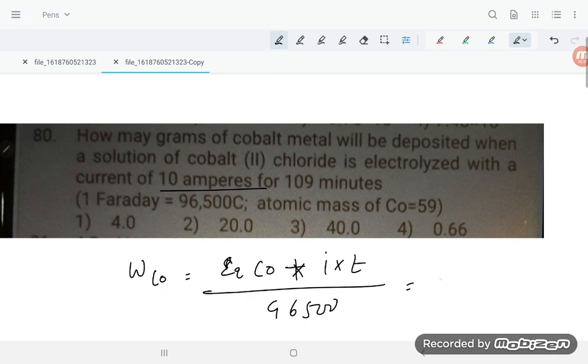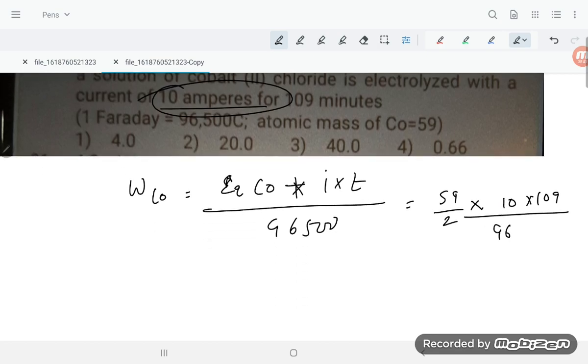So 2 is the charge there, no? 59 by 2 is the equivalent weight. I is 10 ampere. Time they have given is 10 minutes, and 96,500. So 59 multiplied by 10 multiplied by 10 divided by 2 divided by 96,500.